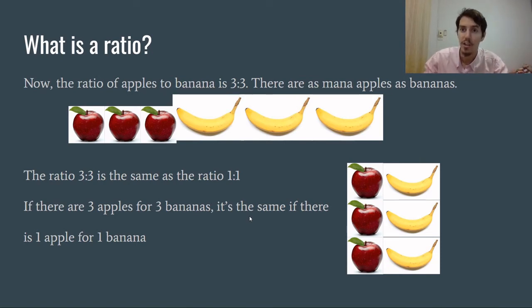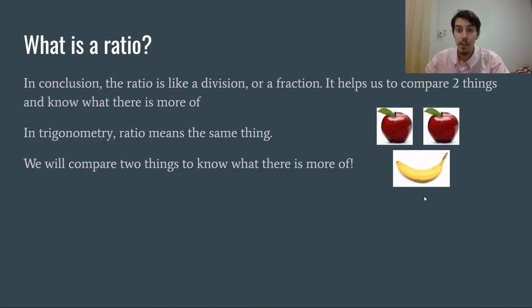The ratio is like a division. 3 divided by 3 is the same as 1 divided by 1. 5 divided by 5, any number divided by the same number. So a ratio is like a division. We use the ratio to compare two things, and I even want to say two of the same kind of things.